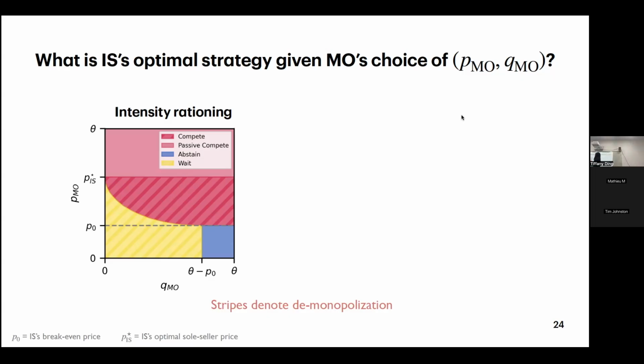So when the operator has set a high price, the independent seller will choose to compete by setting a lower price. So this region is where it's passively competing because the marketplace operator in this region has set a price higher than their optimal sole seller price.